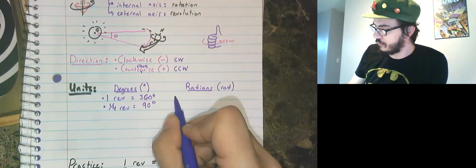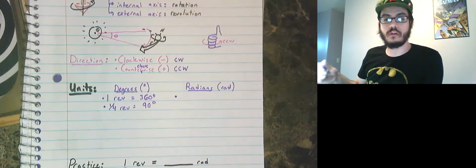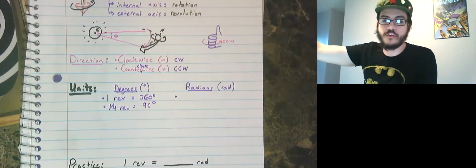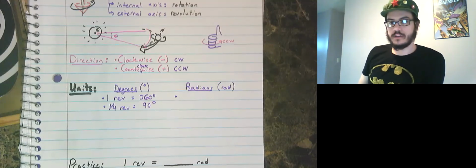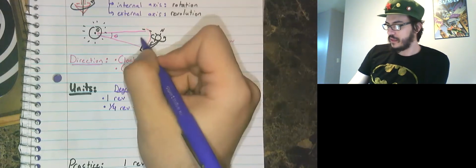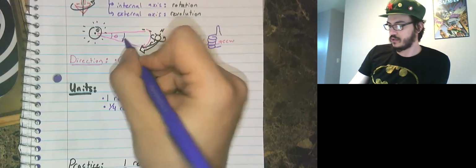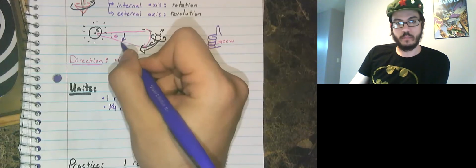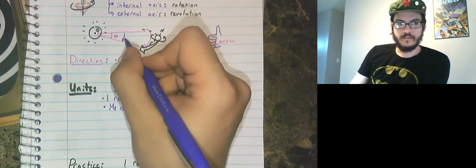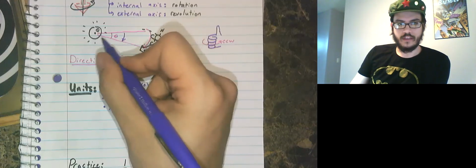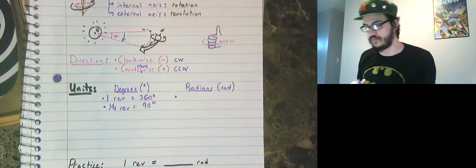For radians, you're simply describing in terms of the radius of the circular path. The nice thing about using radians is that if you travel this much along the circle at this point, let's say that this is Venus's orbit, Venus's orbit has a smaller radius than Earth's, and you can use this to kind of set up proportional stuff.